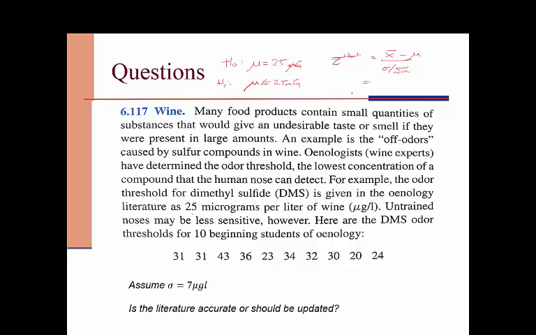So let's find the average. 31 plus 31 plus 43 plus 36 plus 23 plus 34 plus 32 plus 30 plus 20 plus 24. Divide by 10, and your average is 30.4.